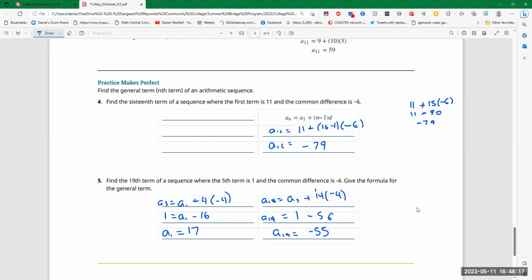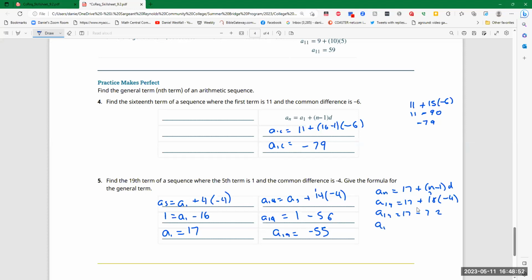If I have that, then AN is equal to 17 plus n minus 1 times D. So A19 is going to be 17 plus 18 times D, which is -4. A19 is 17 minus 72.